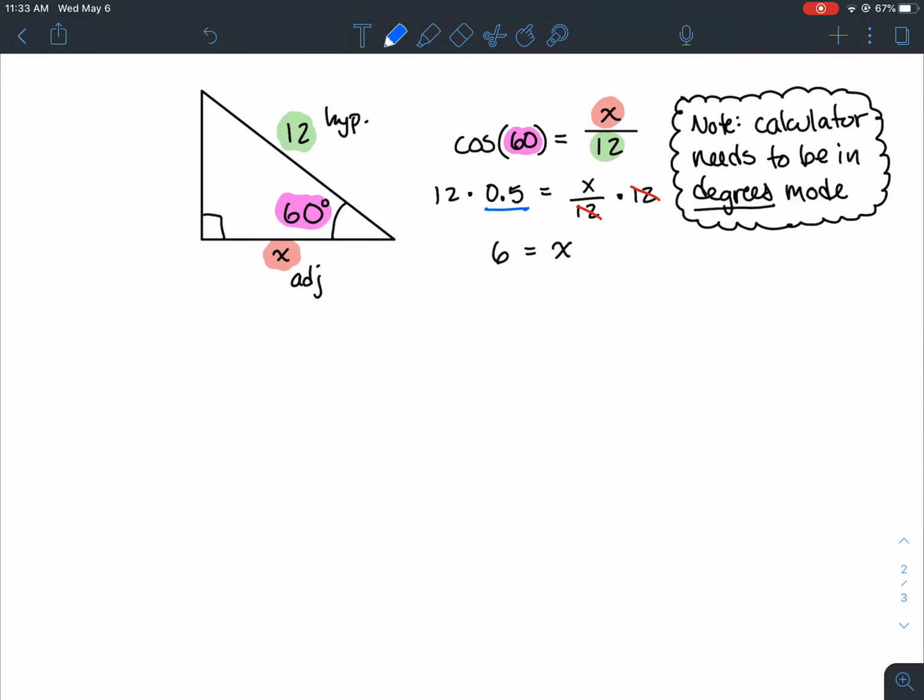So let's do another practice problem here. So I have my triangle, and I'm going to have a degree here of 40 degrees.